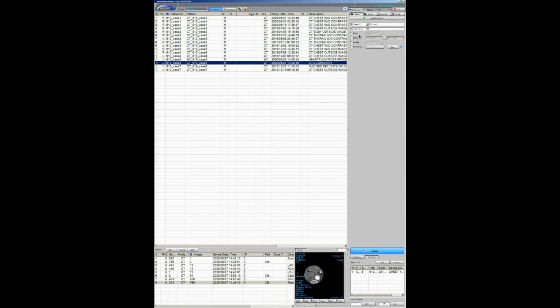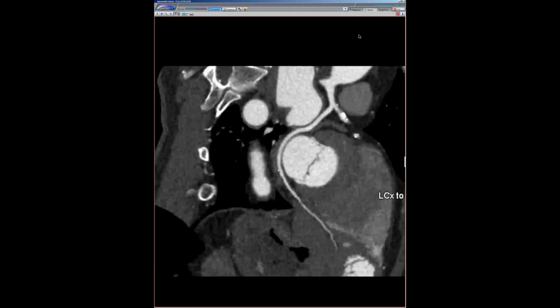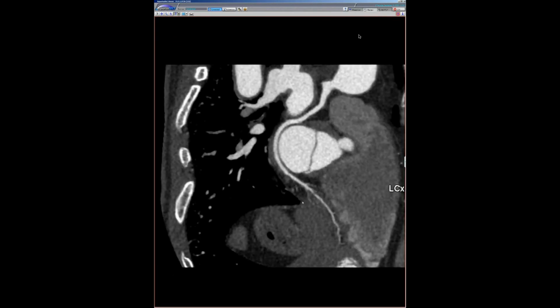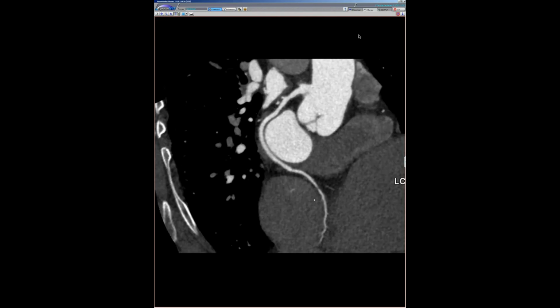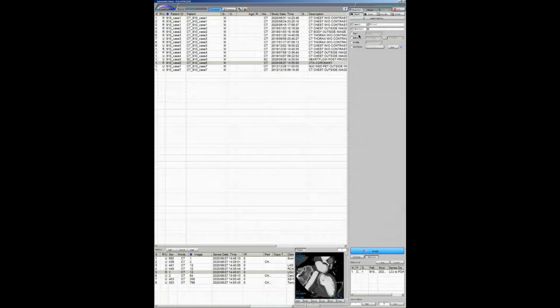And this is just a cute study, and I do want to actually do a study on this because this is like the third time I've seen it happen here, including one that I missed. So here's a patient that has had a coronary CTA, and I cannot get out of this for some reason.